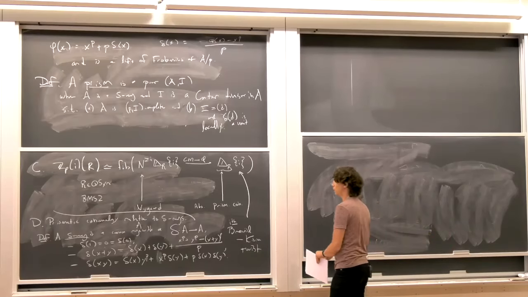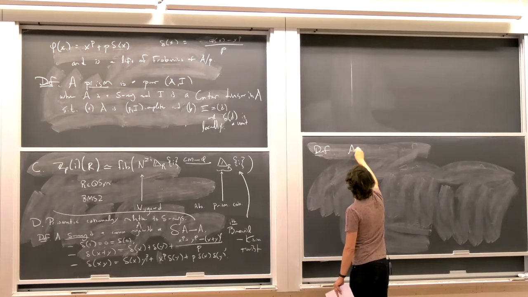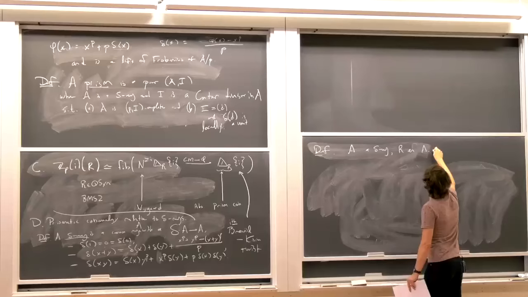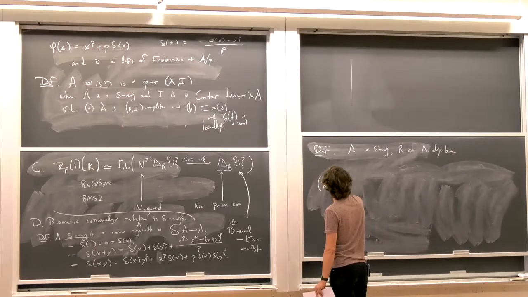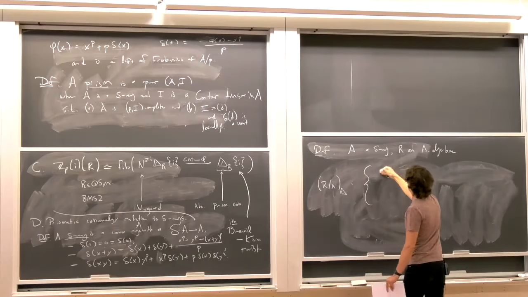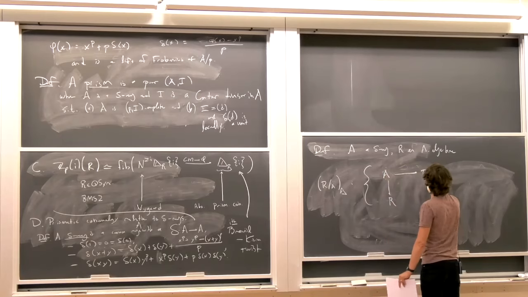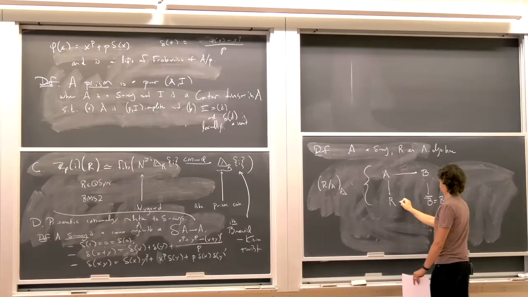Okay, so what now? So that's prisms. Here's prismatic cohomology. So A is a delta ring, R an A algebra. And we're interested in the following site, R over A prism. This is going to be the site of commutative diagrams like this.